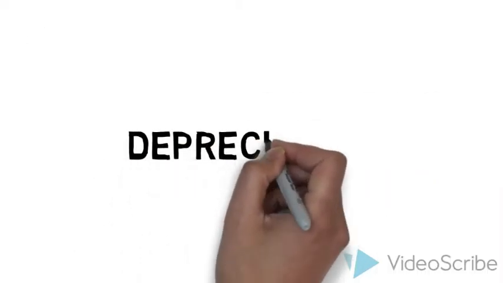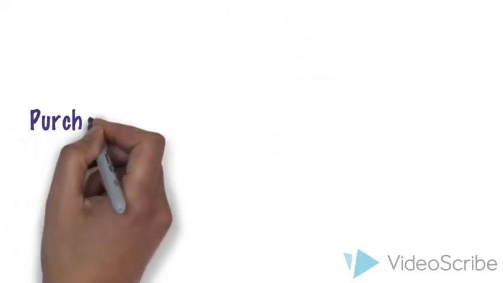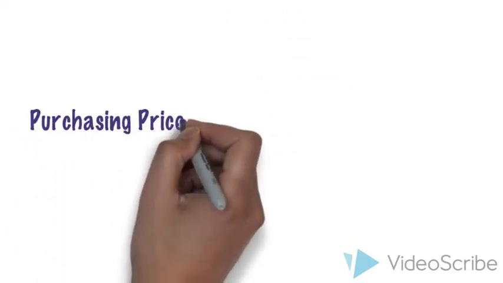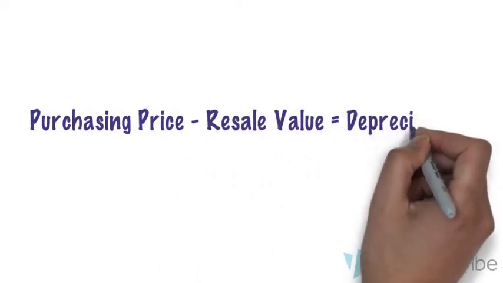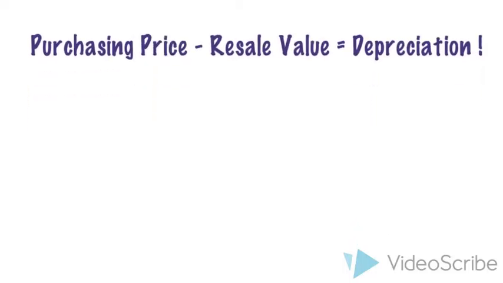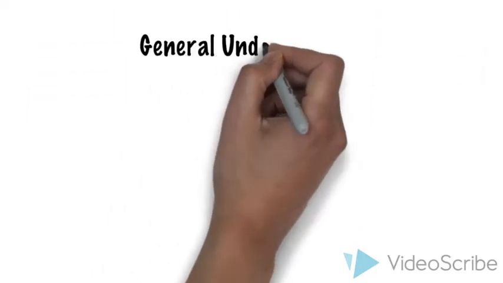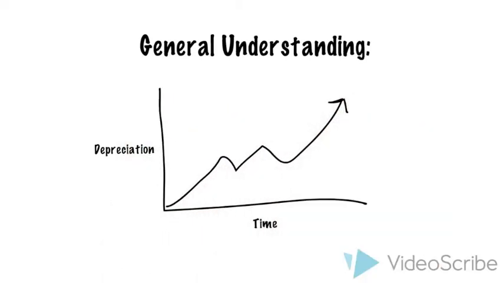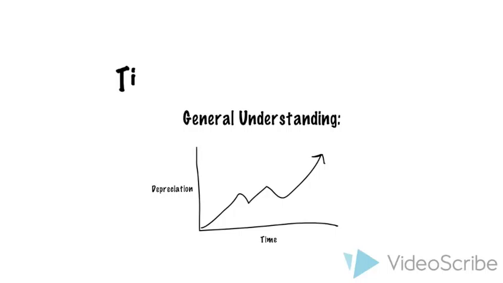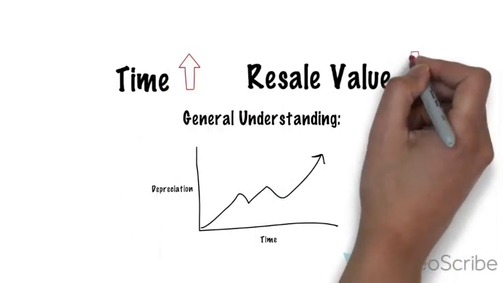Now let's focus on depreciation of cars. Depreciation is the value of the car distributed across its age. It is important to understand depreciation to compute the resale value. The common understanding about depreciation is that depreciation increases with increase in time and usage. Resale value should be a top consideration for car buyers.